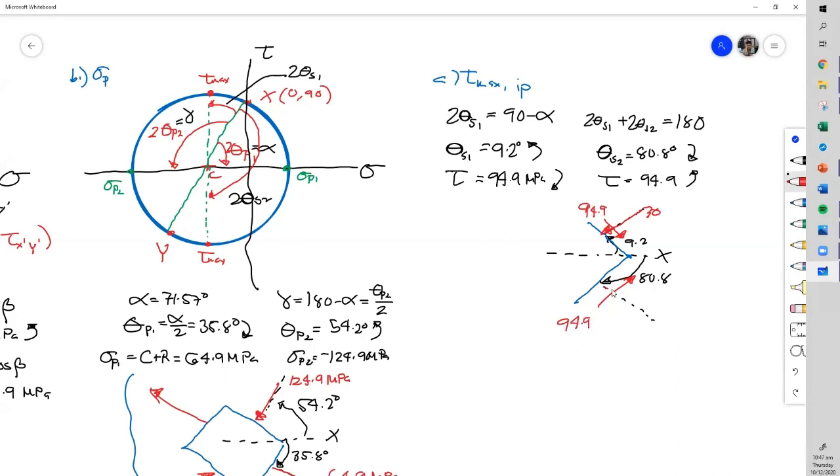And then again, don't forget about sigma average na 30. Tapos, buuin mo na yung state of stress. So, kumpletuhin nyo lang. Meron niyang 30 din dito, tsaka 30 din dito. Ito, ang kapartner niya, pag ganyan. And then, ito naman ang kapartner niya. Okay? So, that is your state of stress for tau max in plane.